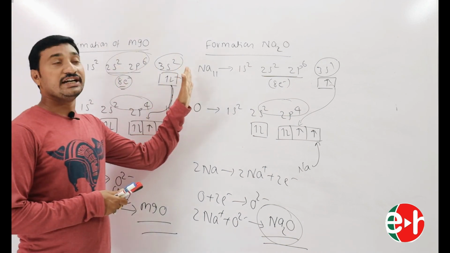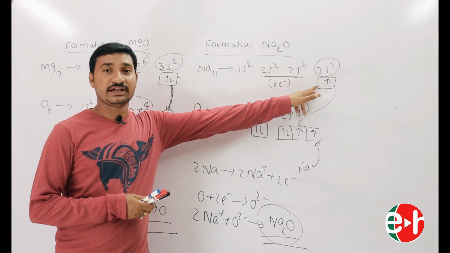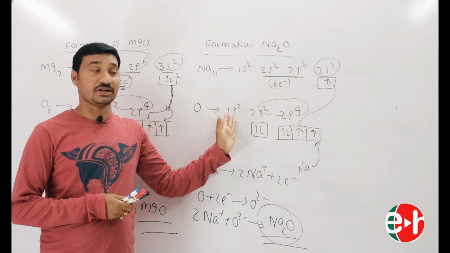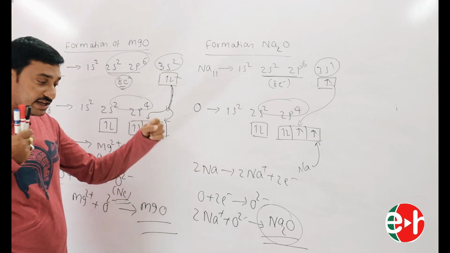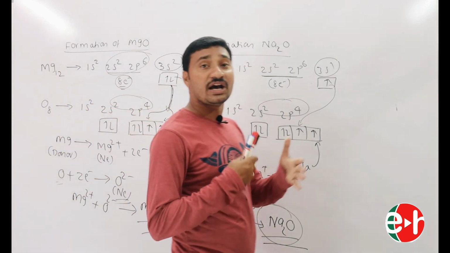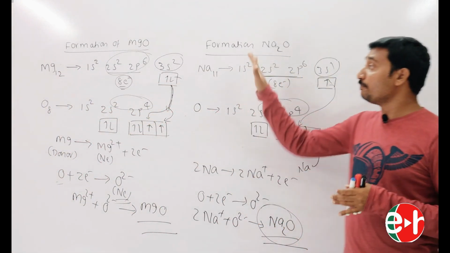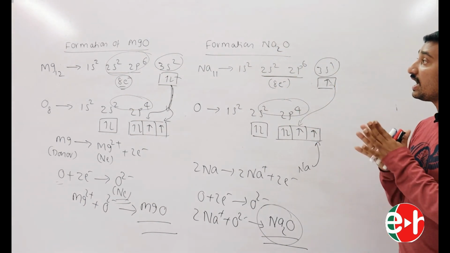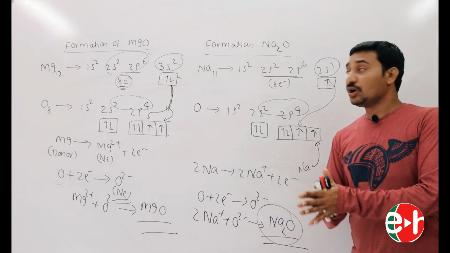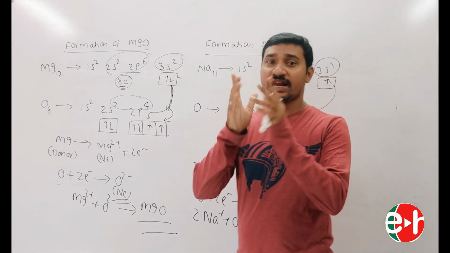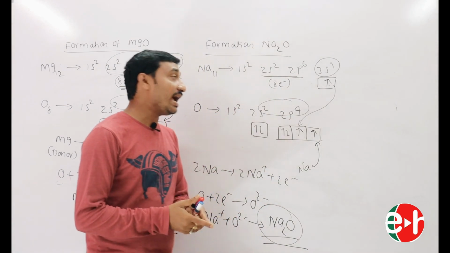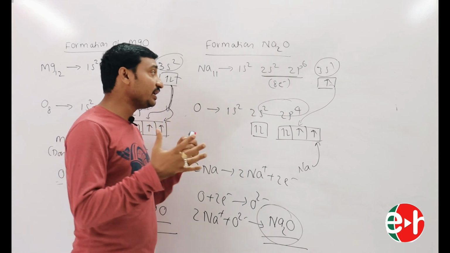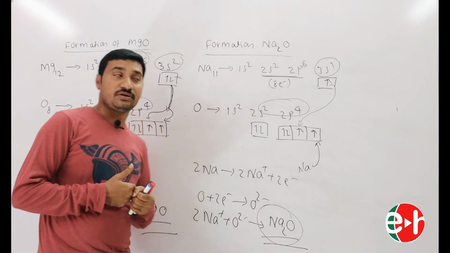One atom is ready to lose an electron, ready to donate an electron, known as the donor; another atom is ready to accept an electron, known as the acceptor. So generally a bond is formed between donor and acceptor. Here complete transfer of electrons takes place from one atom to another atom. So to form an ionic bond, one atom must be ready to donate an electron and one atom ready to accept the electron, then only can they form an ionic bond. Okay.